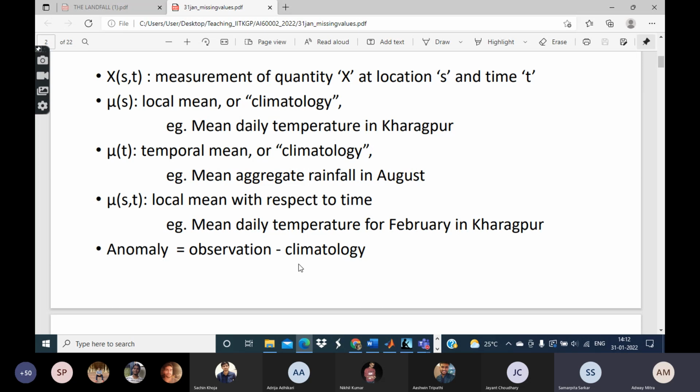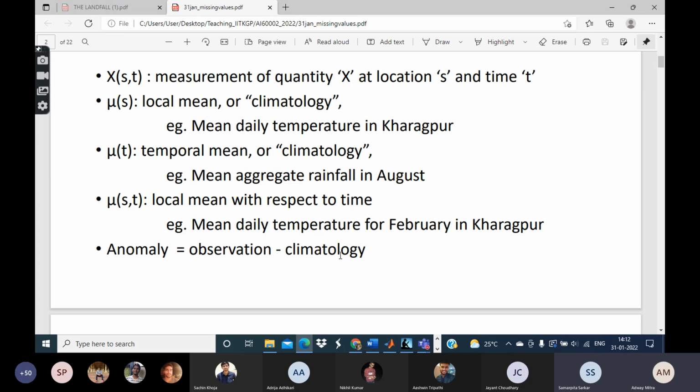Now, when it comes to this particular February, say the February of 2022, if you calculate the mean temperature over Kharagpur, you will get the value of this observation. Now, obviously, that observation is not going to exactly match the mean temperature over the past 100 years.